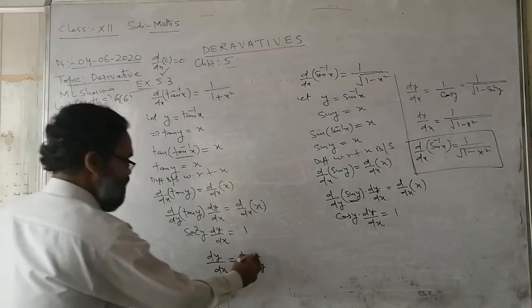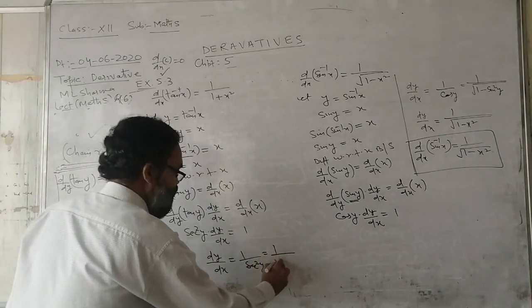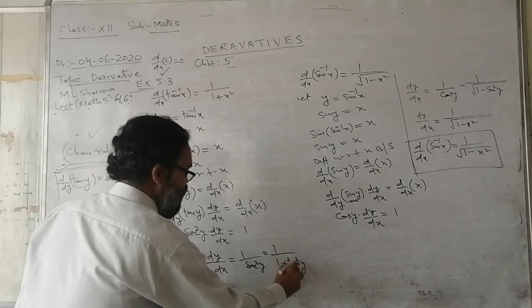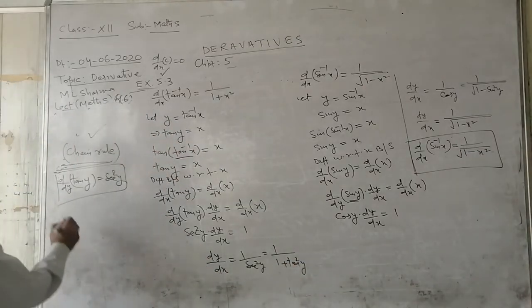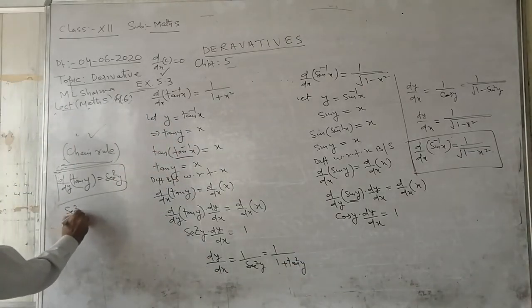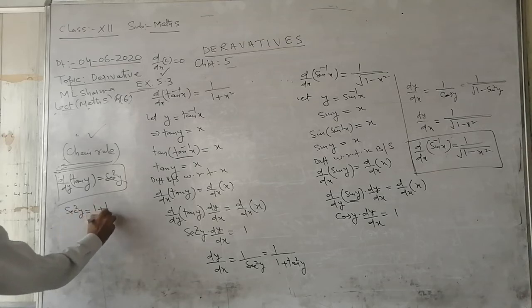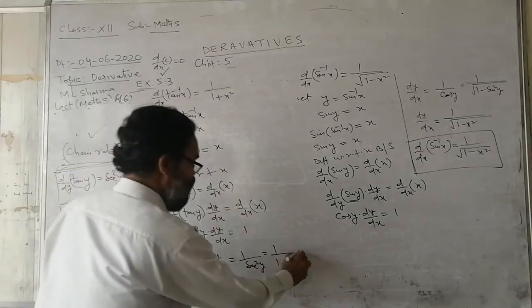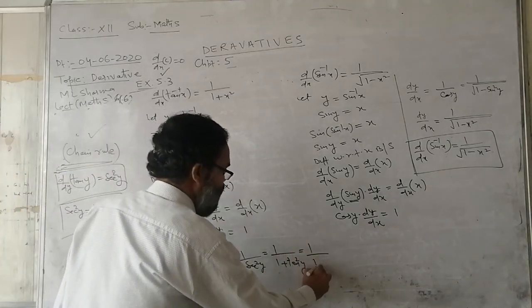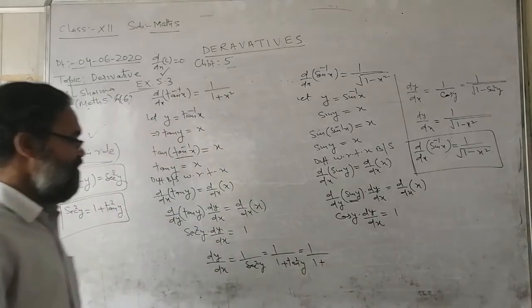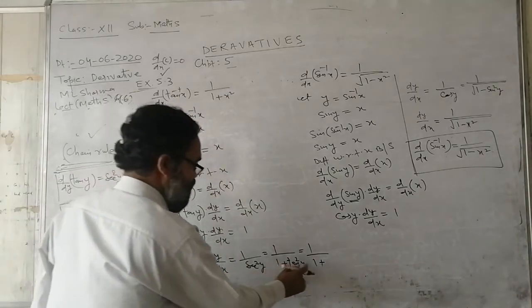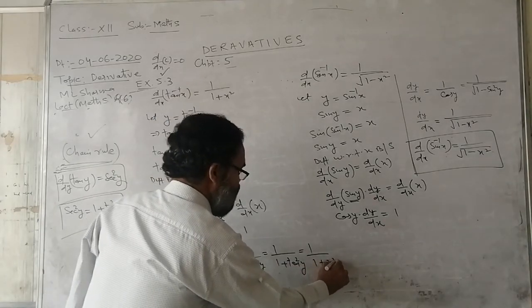So this can be written as 1 upon 1 plus tangent square y, because secant square is nothing but 1 plus tangent square. So this will equal to 1 upon 1 plus, tangent y is x, so this is x square.